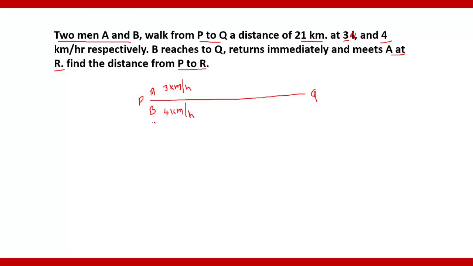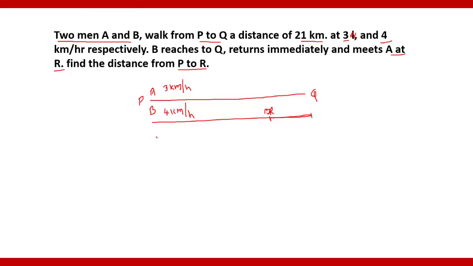B reaches the point Q and returns immediately and comes to point R. That time A reaches the point R. It means they both meet here, A and B. So this R is a meeting point of both A and B.